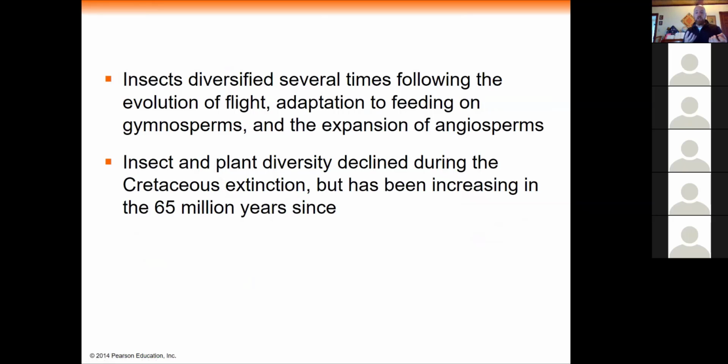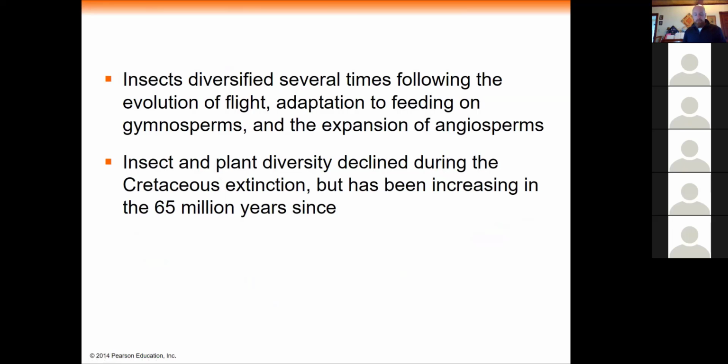So we have this engine of evolution. They're driving each other to adapt, because it's all about reproduction, and they've really worked well together. What we see is when the dinosaurs went extinct, we see a drop-off in insect diversity. Because there wasn't much food, a lot of the flower lineages died off. But then after that, we have this huge explosion of all the modern insects that we see today, as well as all the flowering plants that we have today.